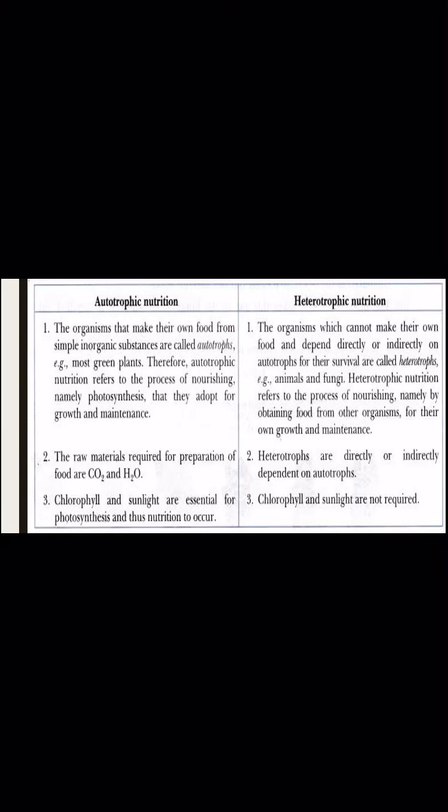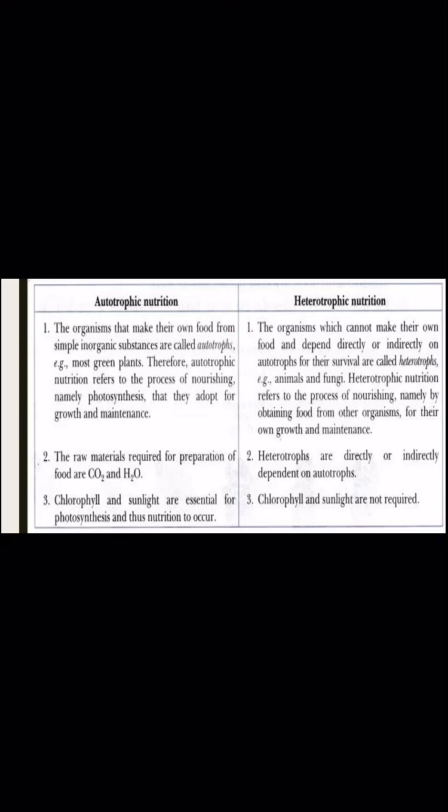Indirectly, as in we also rely on some other organisms for our food. For example, some may rely on meat, beef, and so on. Suppose we talk of the lion, which is dependent on the deer, and the deer is dependent on the plant. So the deer is directly dependent on the autotrophs, and the lion is dependent on another heterotroph.